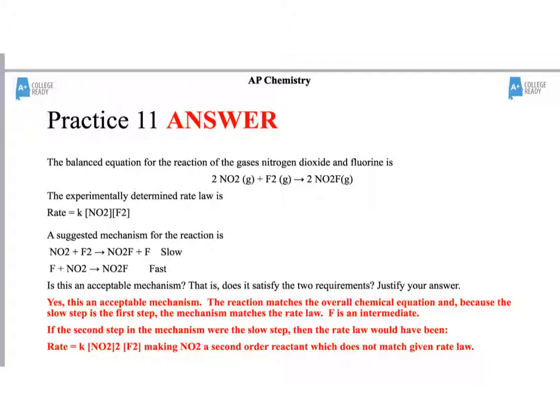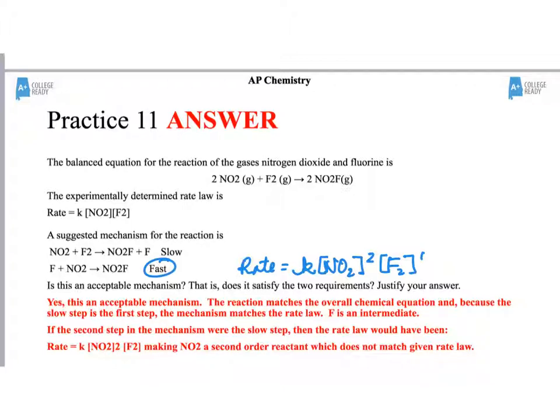What if the second one was the slow step? If this were the slow step, how would that change things? What would the rate law be? We would include the first step, so that would be rate equals k times NO2 squared times F2 to the 1, making the NO2 a second order reactant.